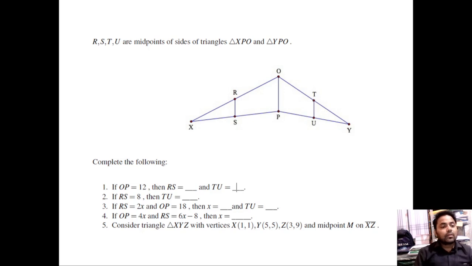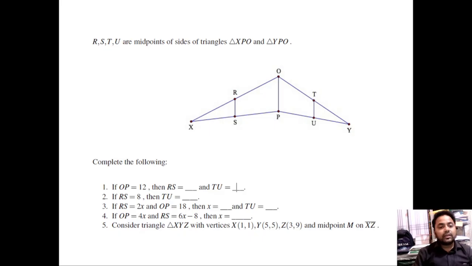Now here you can see in the diagram R, S, T, U are midpoints of sides of triangle XPO and triangle YPO.